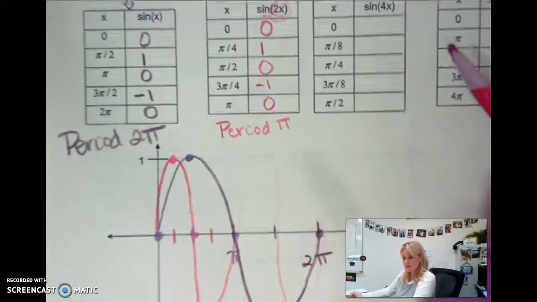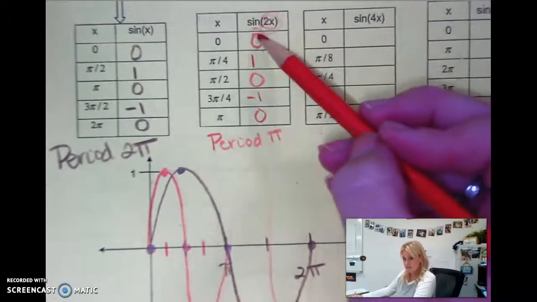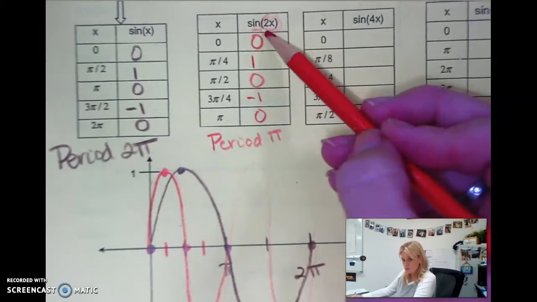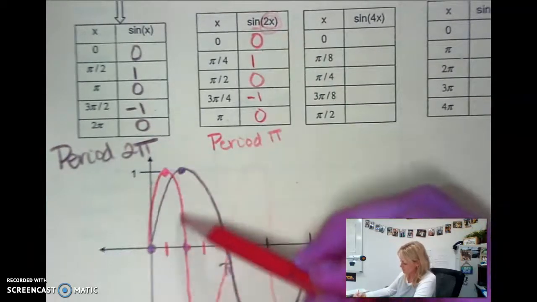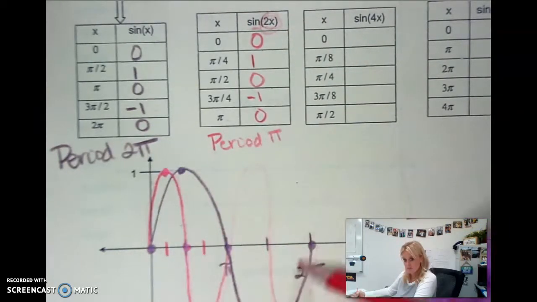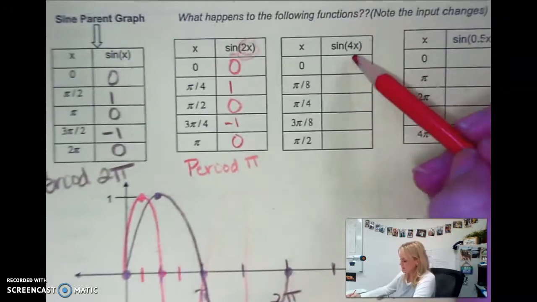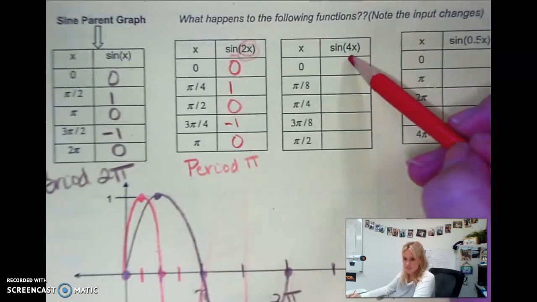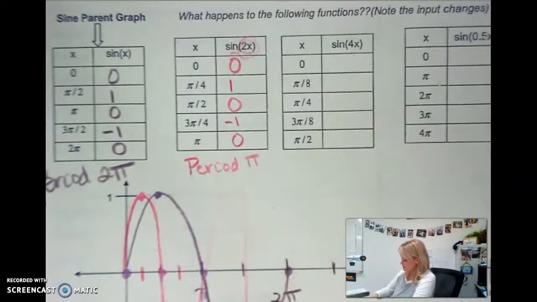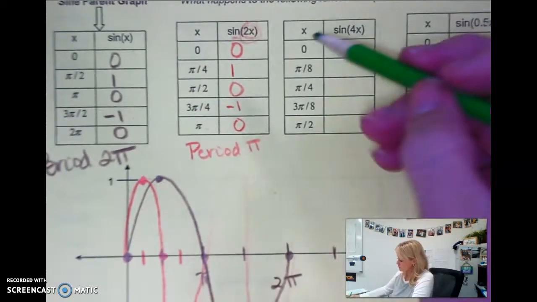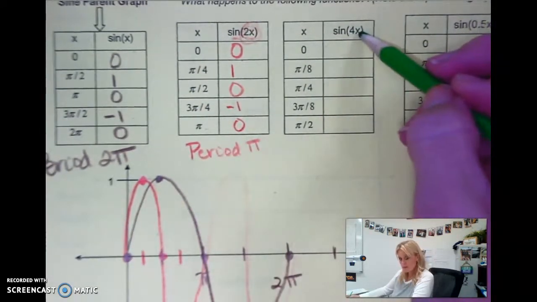So theoretically, if I just said I needed 2 to finish out in a regular parent cycle, how many am I going to need to finish here? So you think it's probably going to be 4, right? So again, let's look at this. How do I undo multiplying by 4?